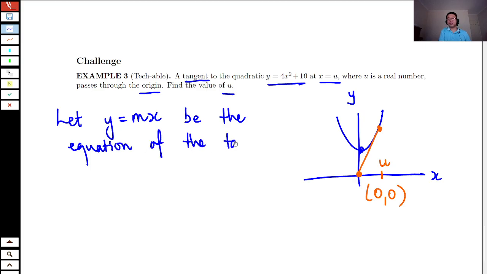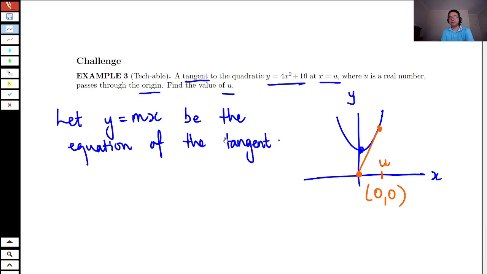Now you'll notice I didn't write mx plus c, and that's because I know that the y-intercept is 0. So that actually simplifies our answer. You can let y equals mx plus c, and the question will still work, but you'll need to use simultaneous equations.